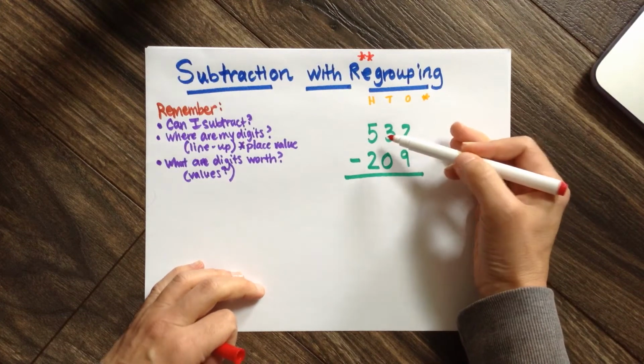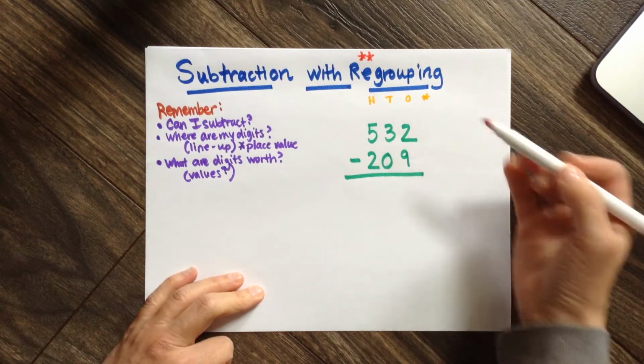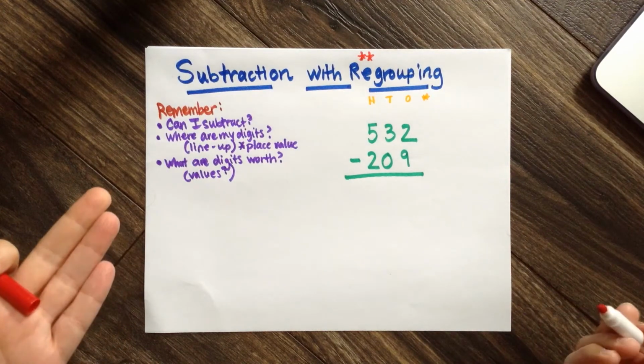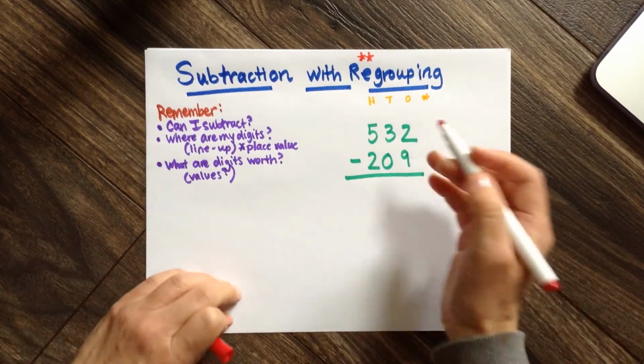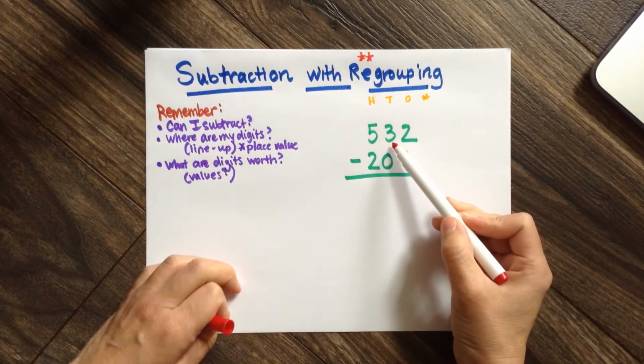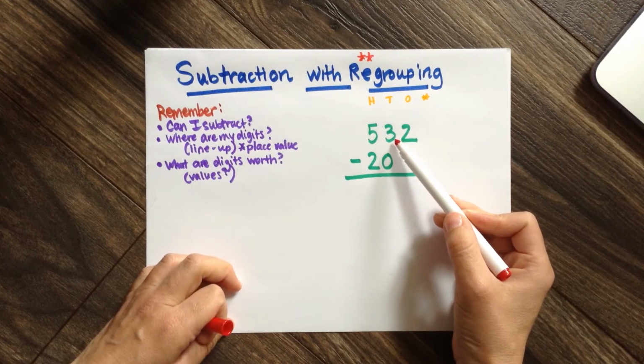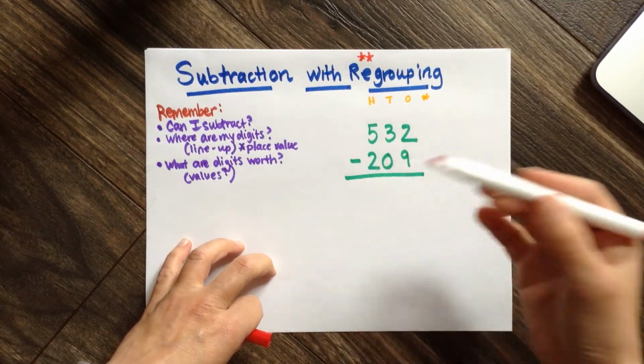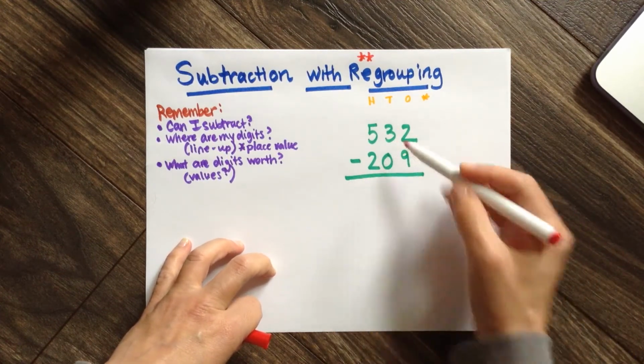I'm going to have 2 ones, but I have my 3. Now I'm going to ask you right now to tell me, what is the value of 3? I'm going to give you a pause. Oh, that's right. I think somebody said that. The value of 3 is actually 30, not 3, because it's in our tens column. So it's really saying 3 tens, or 3 groups of 10.